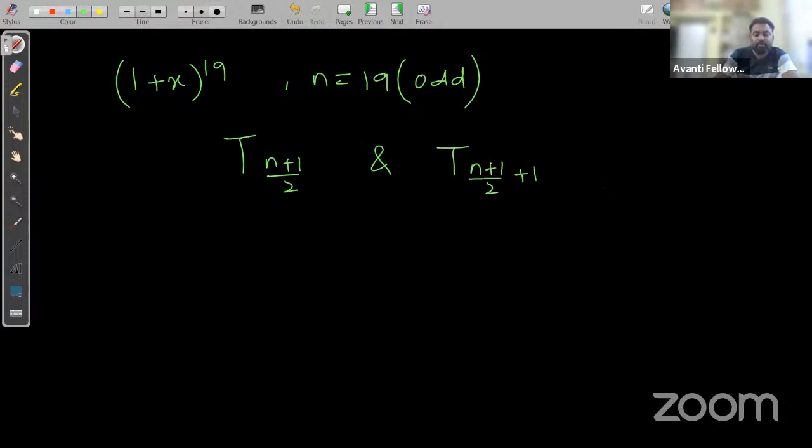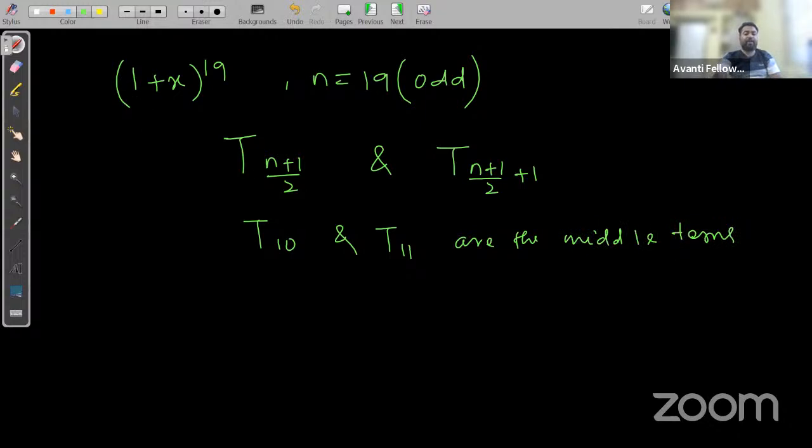So (19 + 1)/2 is 20/2 = 10, giving T10 and T11. These are the middle terms of the expansion (1 + x)^19.